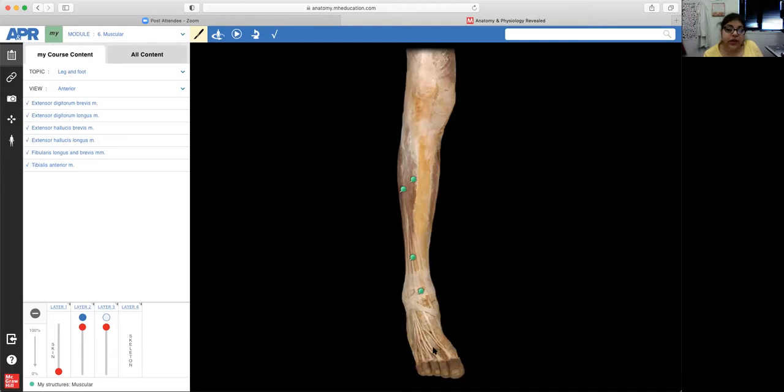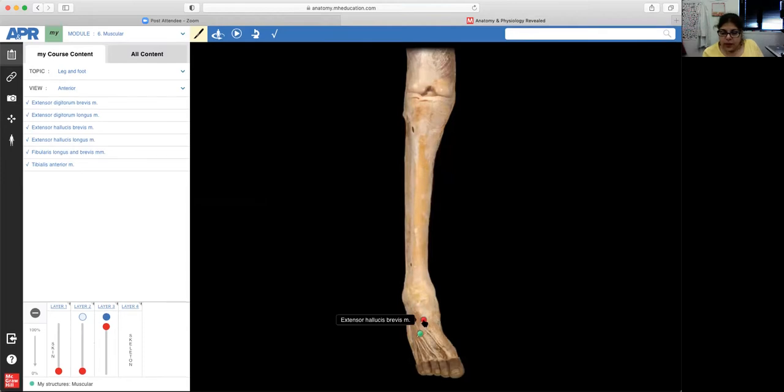It's not just any digit, but actually the big toe, helping in the extension of the big toe. So that is your extensor hallucis brevis, again attached to the hallux, but it's a shorter version of that. And then extensor digitorum brevis, and that is going to go to the digits.